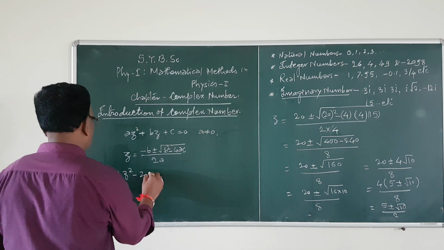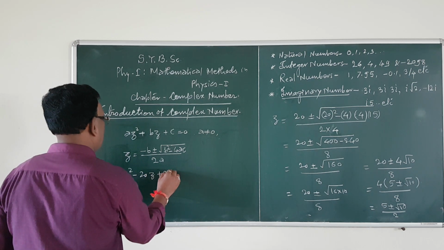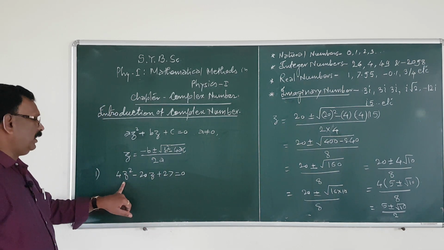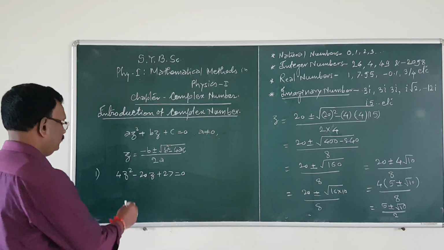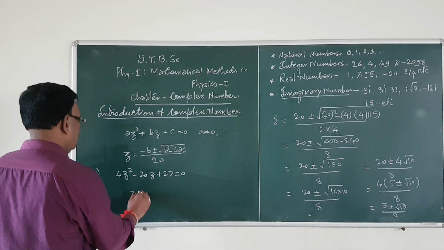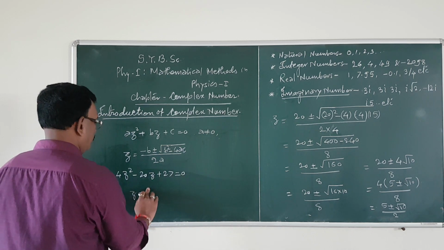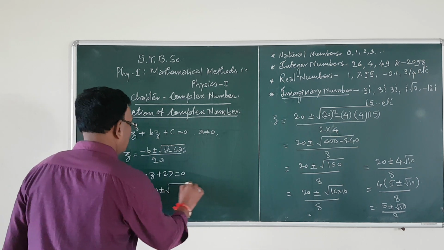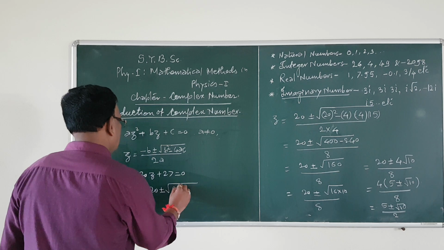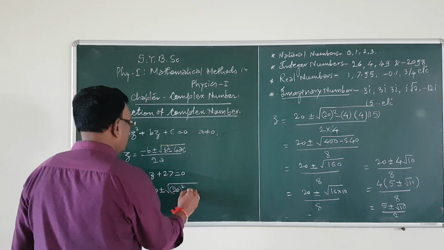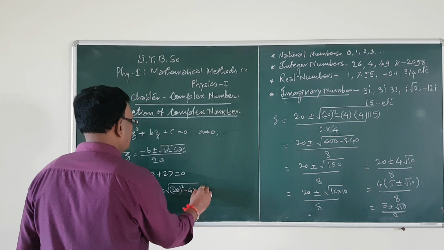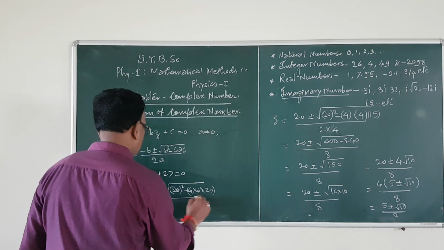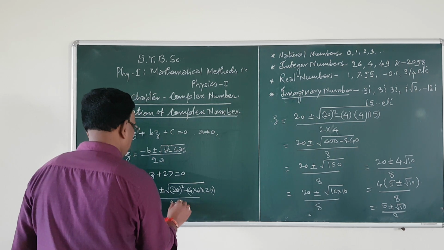4z square minus 20z plus 27 is equal to 0. Again, to determine the roots of this equation, use this formula, and according to this, z is equal to, the value of b is 20, therefore 20 plus minus under root 20 square, where 20 is the value of b, minus 4 into 4 into 27, upon 2 into 4.